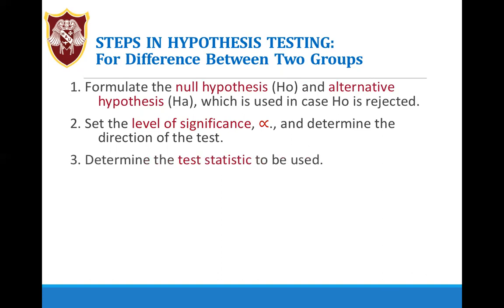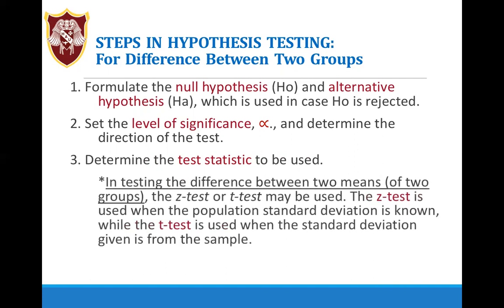Third is to determine the test statistic to be used. Note that in testing the difference between two means of two groups, the z-test or t-test may be used. The z-test is used when the population standard deviation is known or given, while the t-test is used when the standard deviation is from the sample.